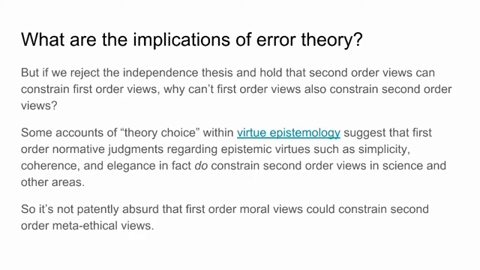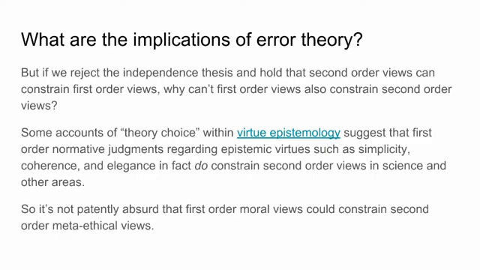We in general think that it's appropriate to accept the simplest and most elegant of the available theories, but these are normative notions in themselves. And so it does seem that first-order judgments about whether or not something is simple or elegant have implications that are much broader than just first-order discourse.